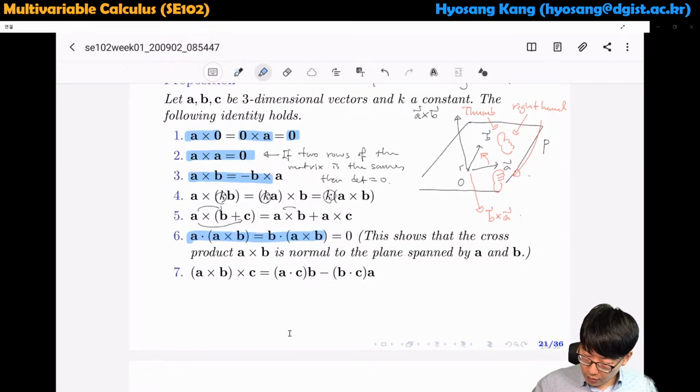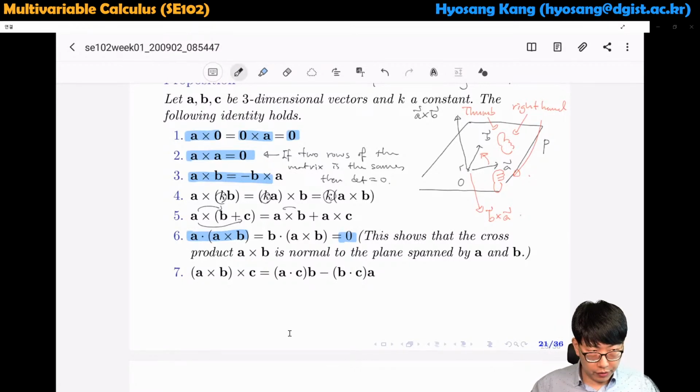So when you do this, first let's look at the first one here. A dot product with A cross B is always 0. So why is it 0?